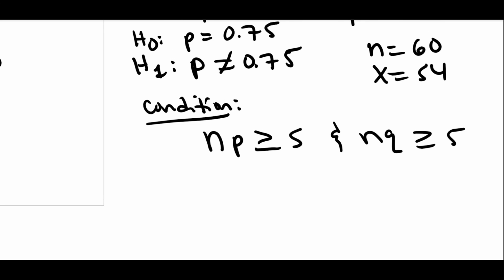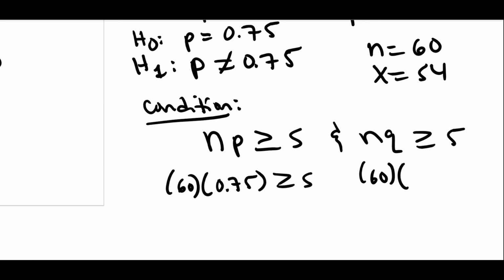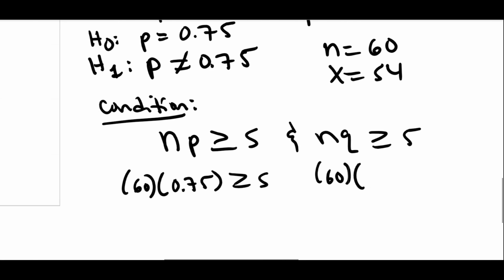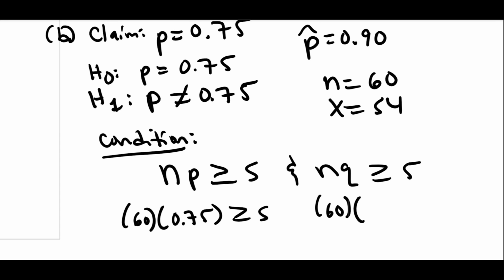So let's do that over here. We got n is 60, so we got 60 times p greater than or equal to 5, and then 60 times q. Remember that q is 1 minus p. So p is 0.75, so it's 1 minus 0.75.